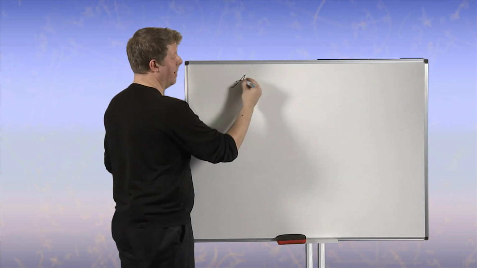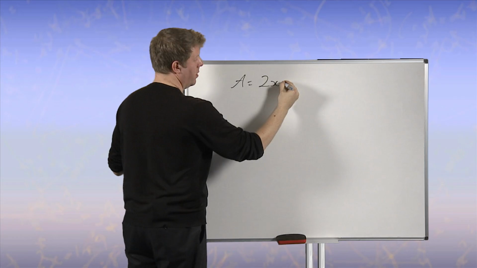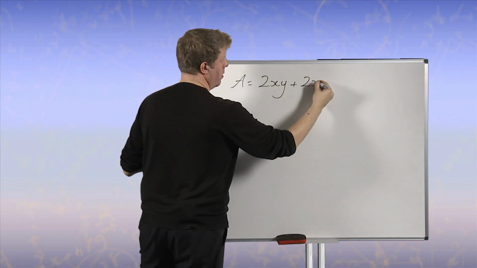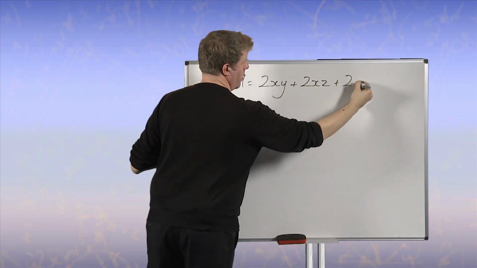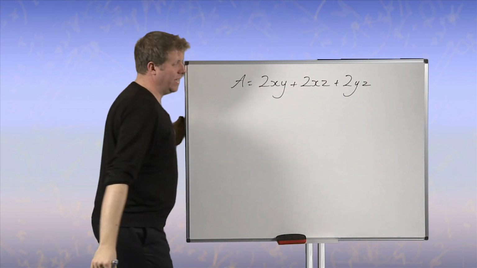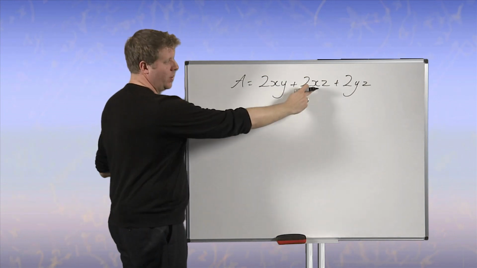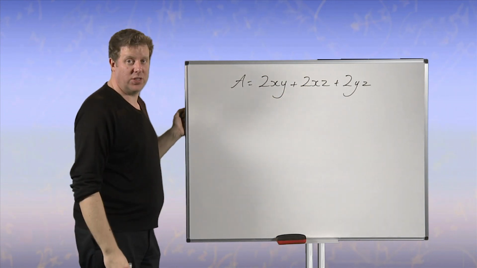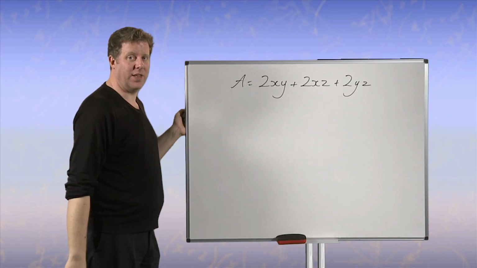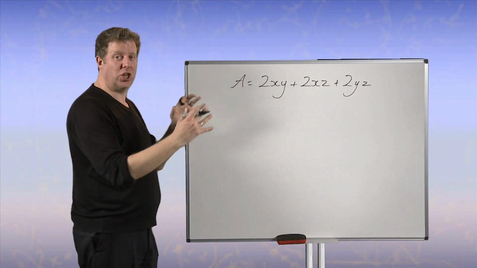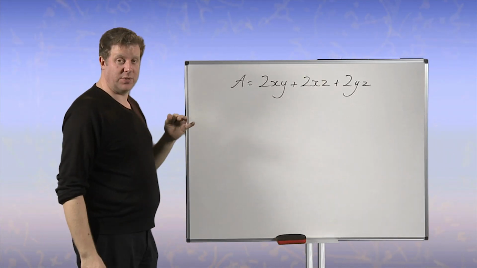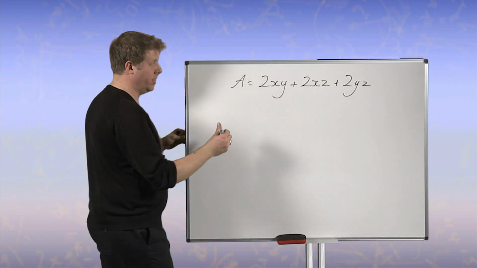So if we have our formula here, you'll see that one of the terms in it, this one here, doesn't contain y at all. So I can take that over the other side straight away and then just leave myself with the terms that contain y on the right-hand side.